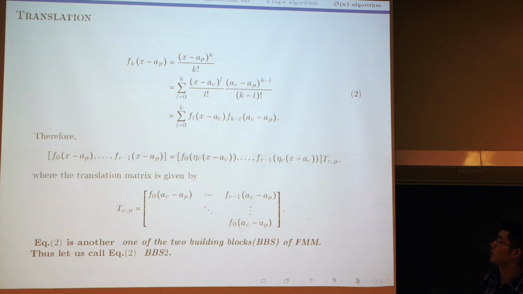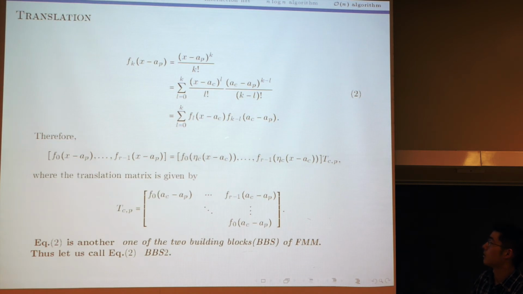For a parent node P in the binary tree, where C is a child of P, AP corresponds to the center of the subinterval IP corresponding to node P, and AC denotes the center of the subinterval corresponding to node C.